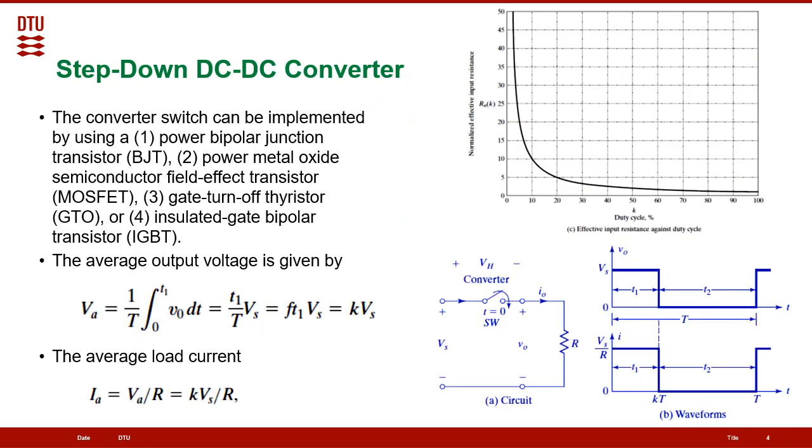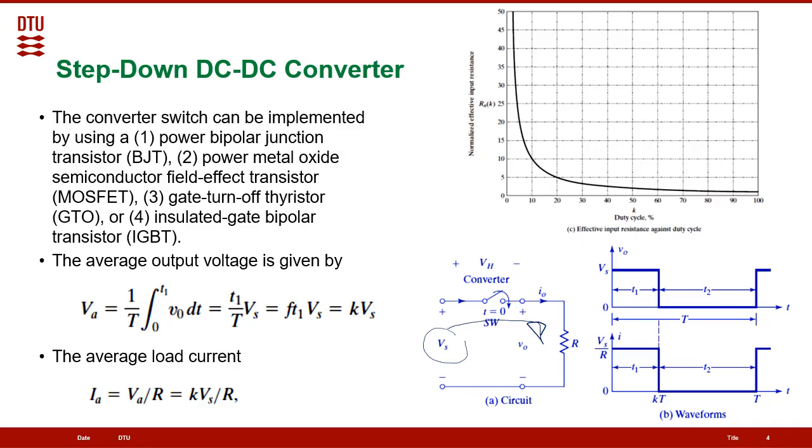Here we have a simple chopping circuit, or a simple step down DC to DC converter. As we can see here, the switch is on and the switch is off. When the switch is on, the voltage source is connected to the circuit, and a current will go through this resistor.